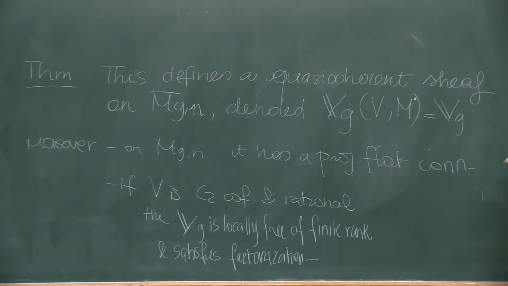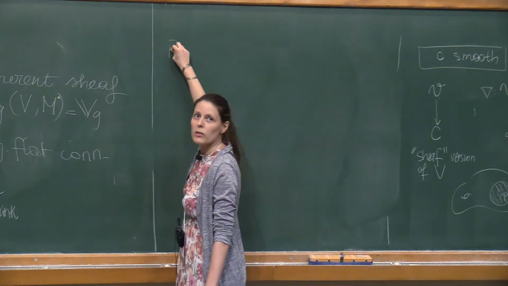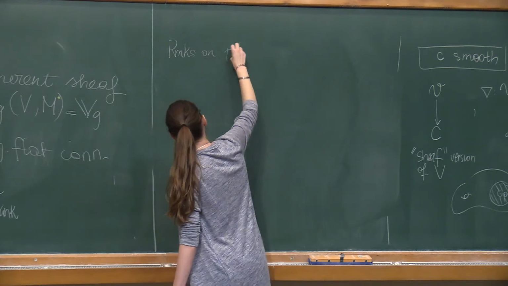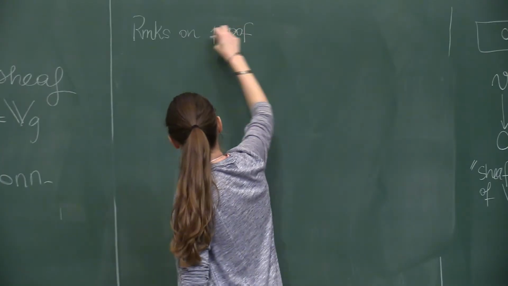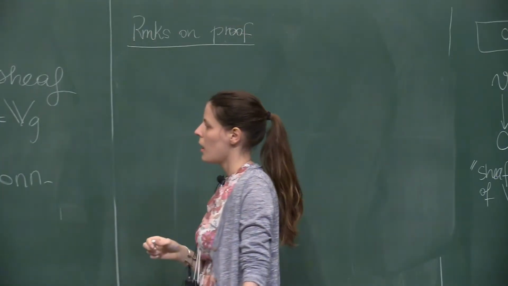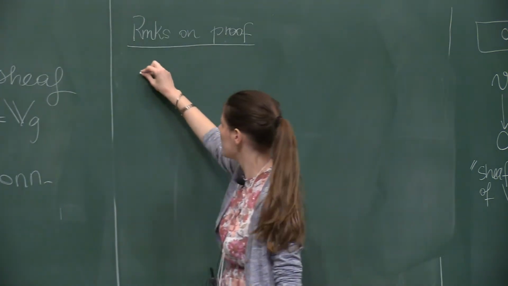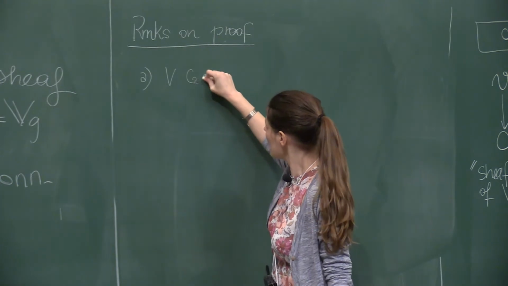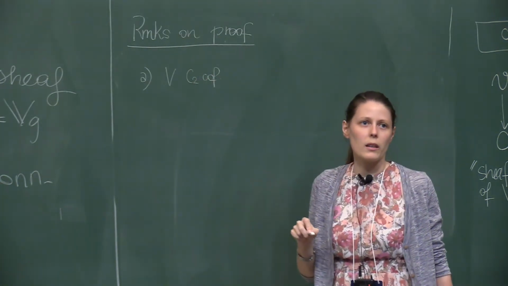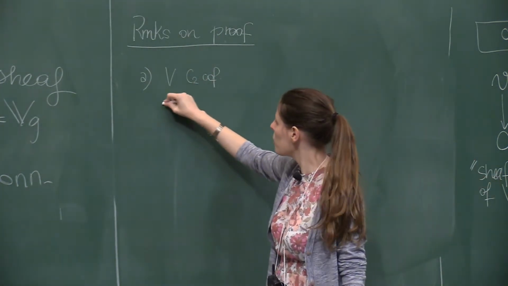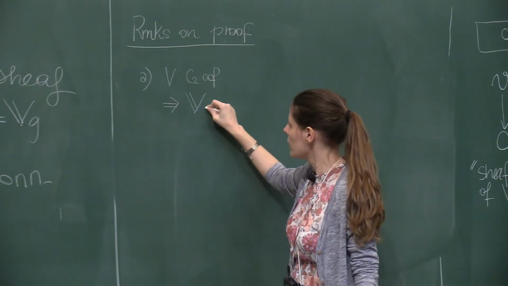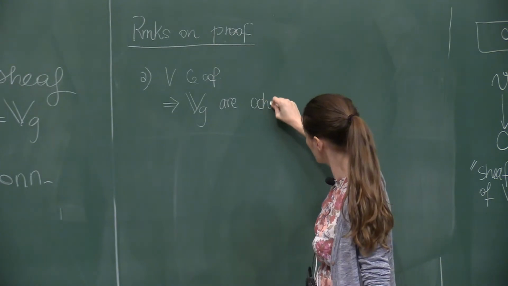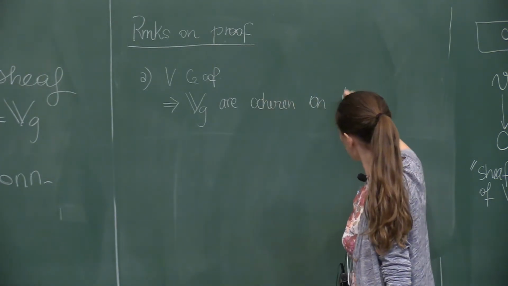So maybe the first observation, and these are remarks on the proof, is that we can use the C2 cofiniteness condition to prove that these sheaves are coherent on MGN bar.